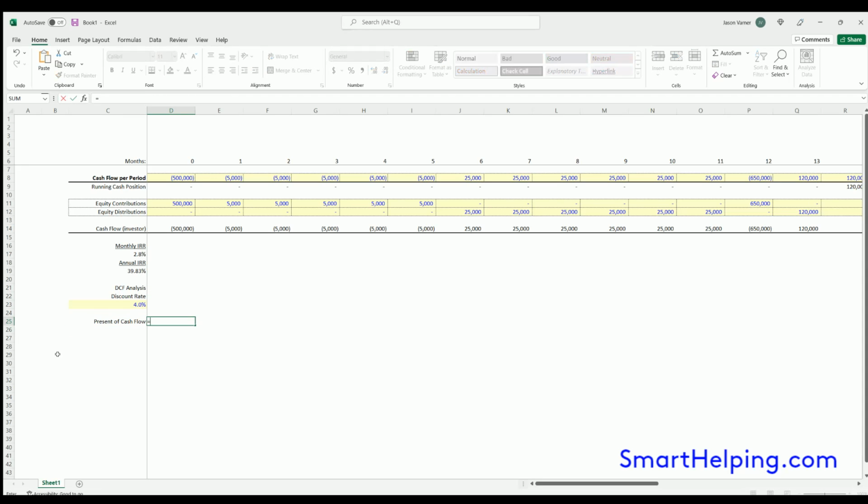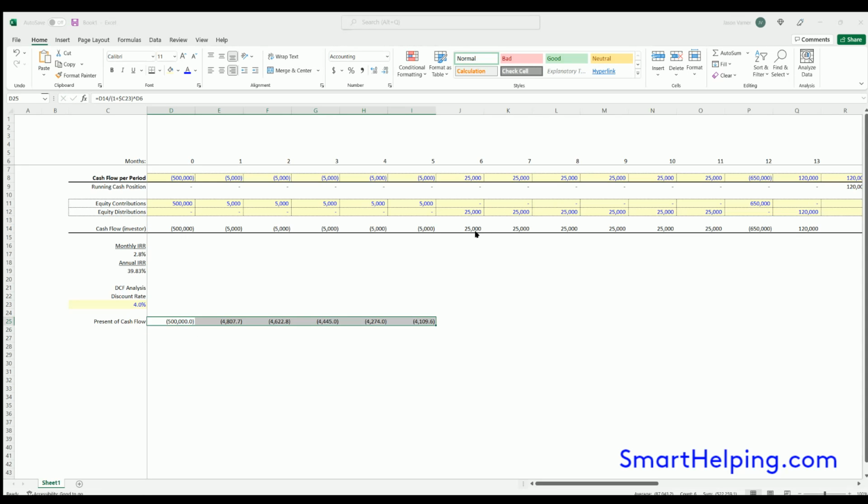We simply take the amount, so cash flow from investors, this amount, and it's going to be divided by 1 plus the rate, discount rate, raised to the period we are in. And I need to lock C. And now that should give me the present value of all the future cash flows.